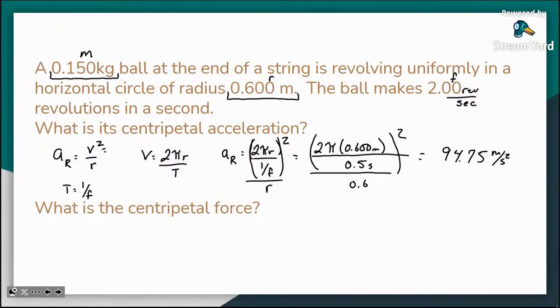Okay. Now, that's doing it all at once. If you would prefer to first convert that frequency over to a period, plug it into the velocity equation, solve for the velocity, and then plug into your acceleration radial equation, you'll get the exact same thing.